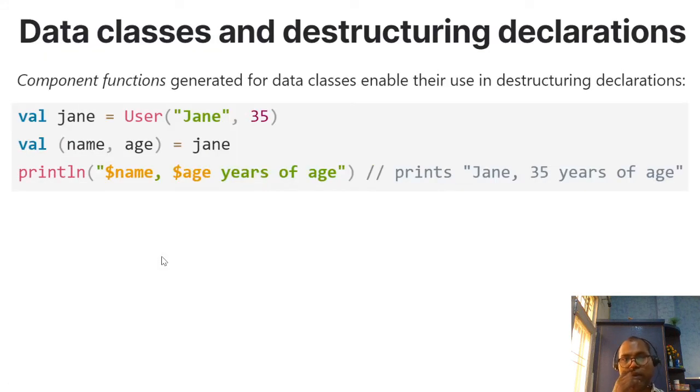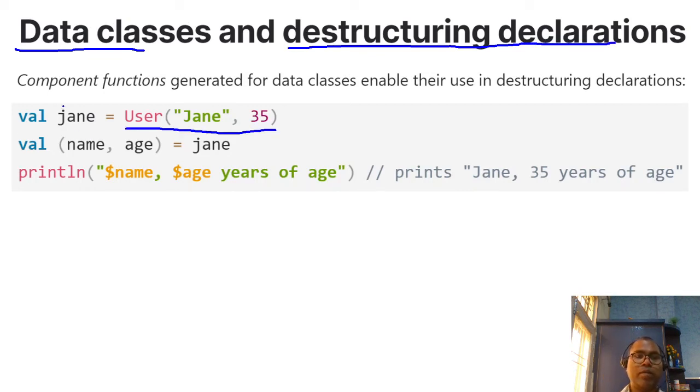Okay, and sometimes we have the concept of data classes and destructuring declarations. Instead of saying, okay, this is John, declaring a new variable John and creating the object, you can directly get the values in destructured form instead of one object.